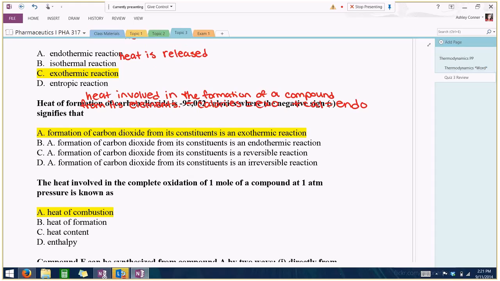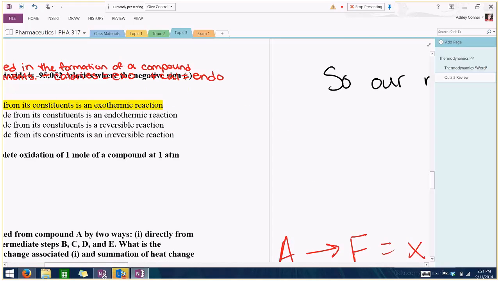The heat of formation of carbon dioxide is negative 95, does that say 52 calories, where the negative sign signifies that, and we just talked about this, since it's negative, the formation of carbon dioxide is an exothermic reaction. I also wrote in notes here that the heat involved in the formation of a compound from its elements is a heat of formation, and negative calories is exothermic, positive is endothermic.